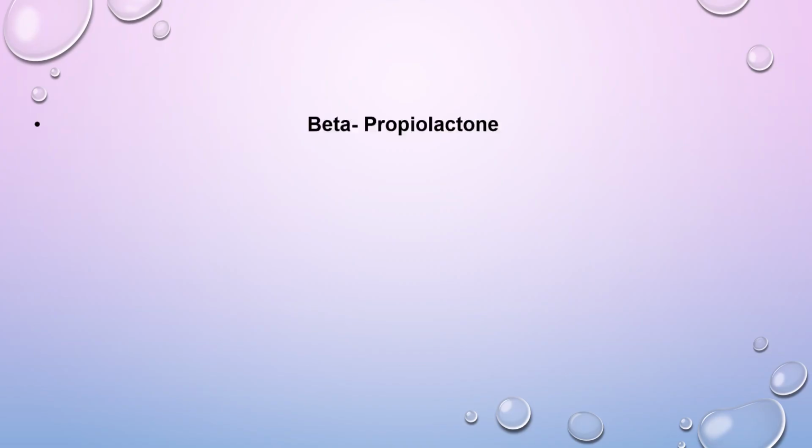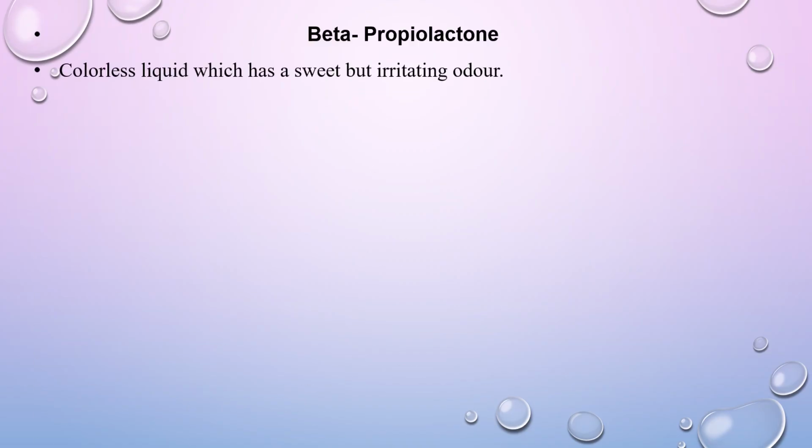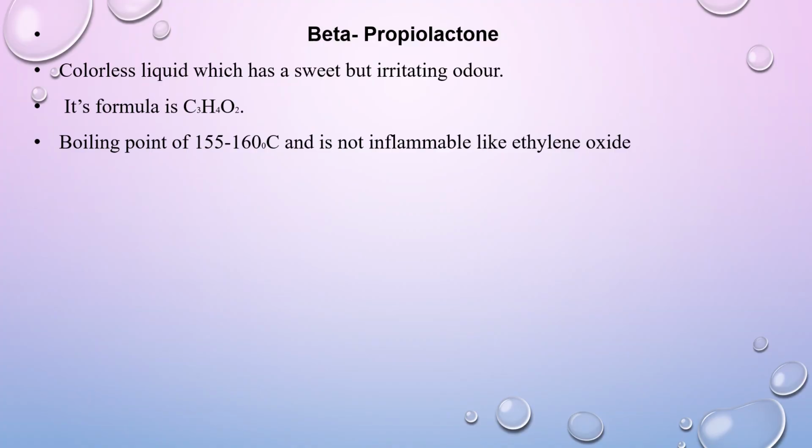Beta-propiolactone. At room temperature, it is a colorless liquid which has a sweet but irritating odor. Its formula can be seen on your screen. It has a boiling point of 155 to 160 degrees. It is not inflammable like ethylene oxide, but at the same time, it causes irritation to eyes.